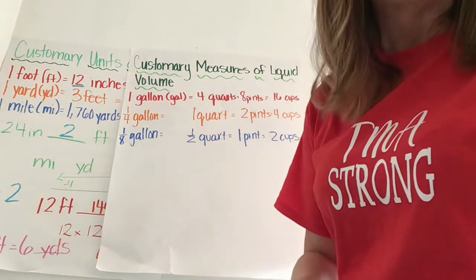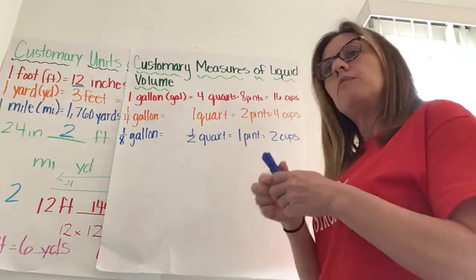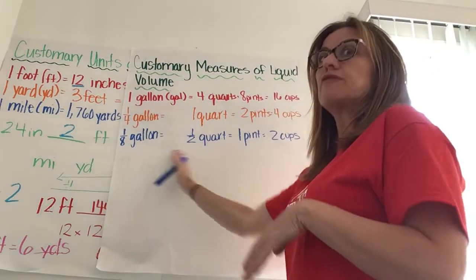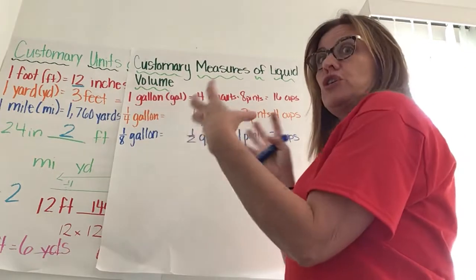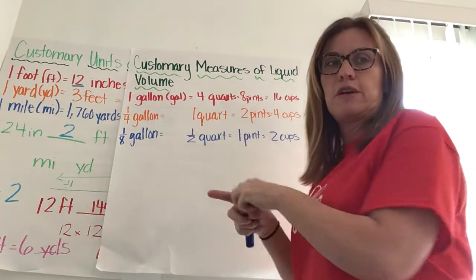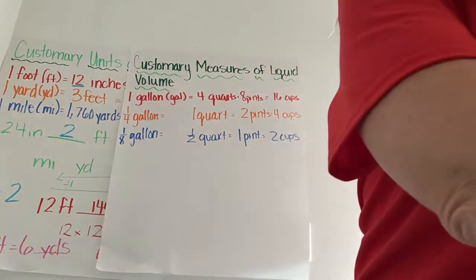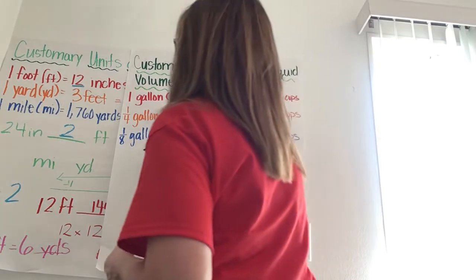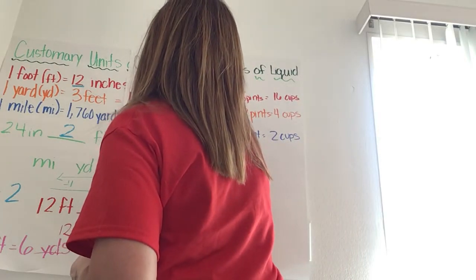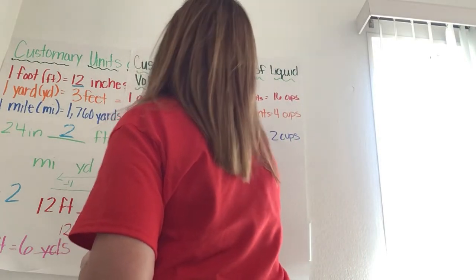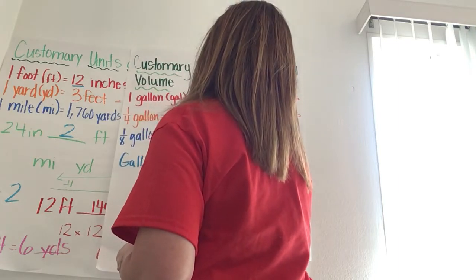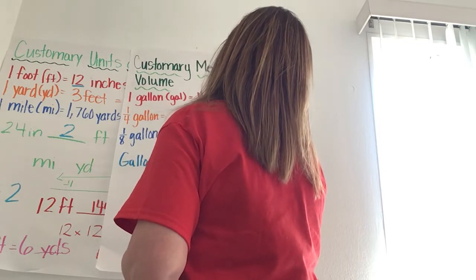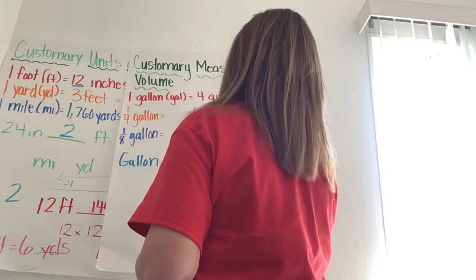By looking at this, remember when we did our metric system and our units of length, we went from left to right with the largest unit of measurement to the smallest unit of measurement. So if I have my chart and I'm writing the biggest, it would be gallon, and then next would be quarts, and the next would be pints, and the next would be cups.